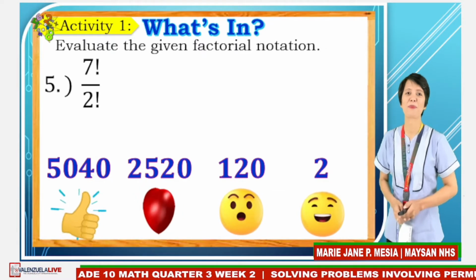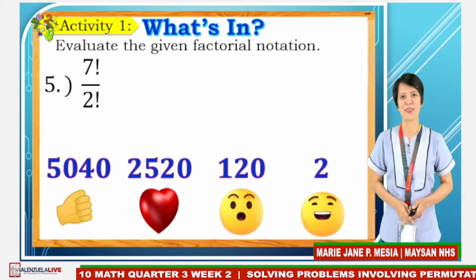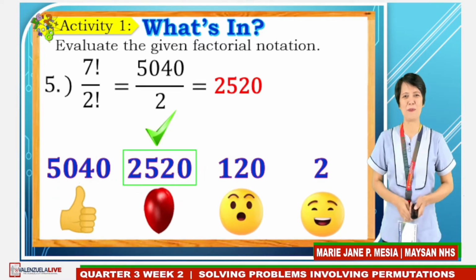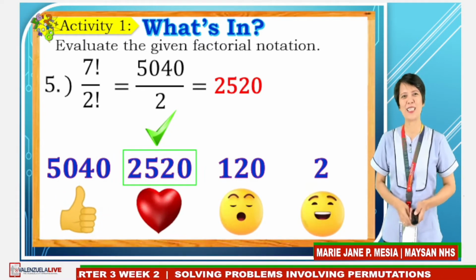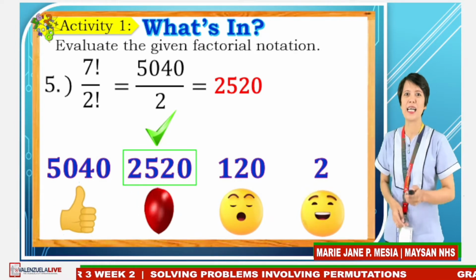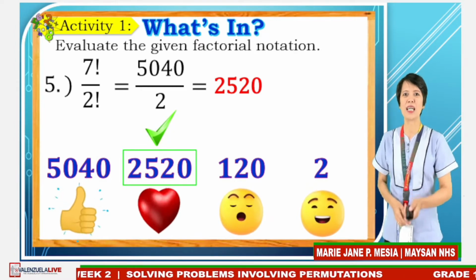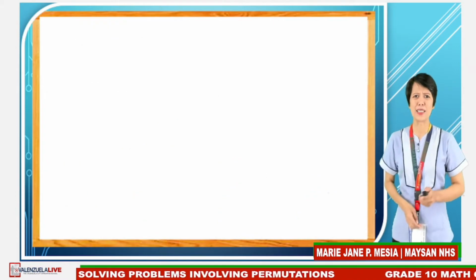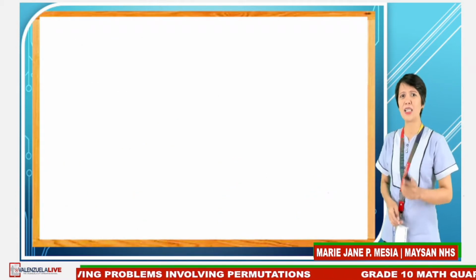Okay, time's up. What is your answer? Excellent. It's heart emoji. The value of 7 factorial is 5,040 and 2 factorial is 2. Get the quotient of the two. The result is 2,520.